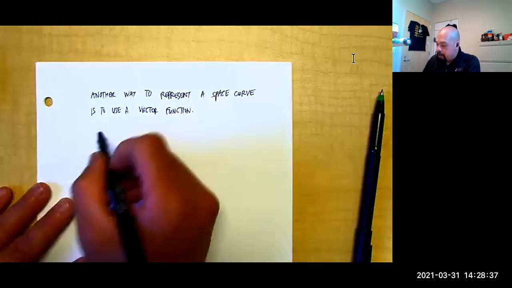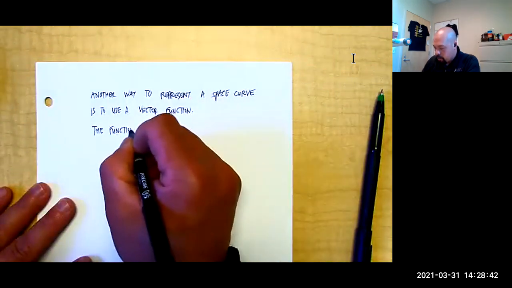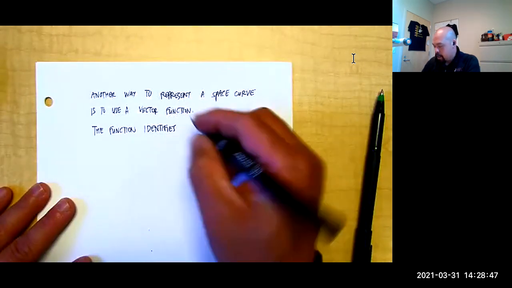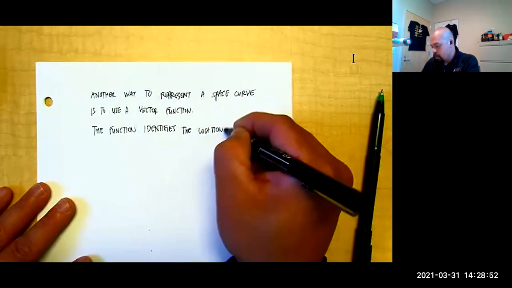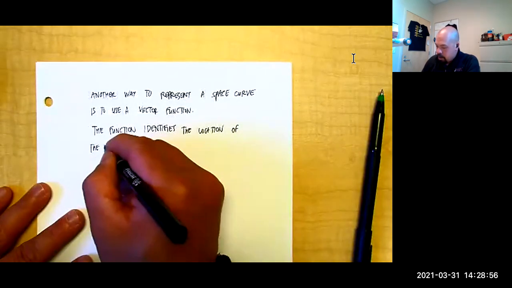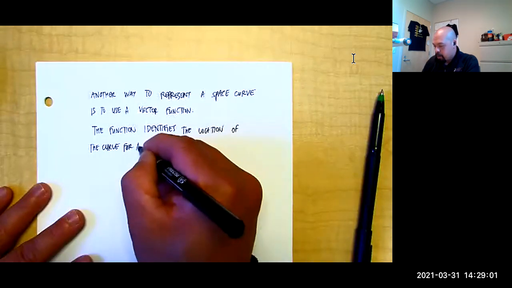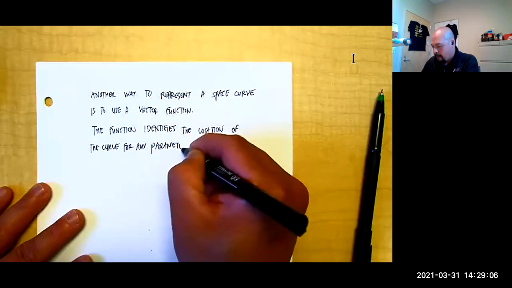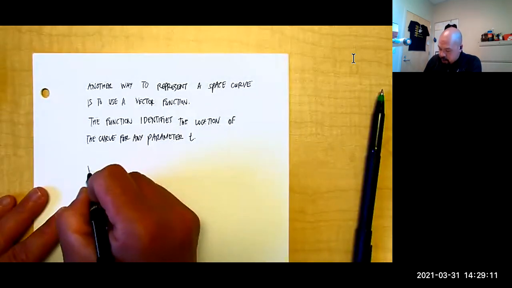And then this vector function identifies the location of the curve, basically, or that particle on the curve, for any parameter, again, t.